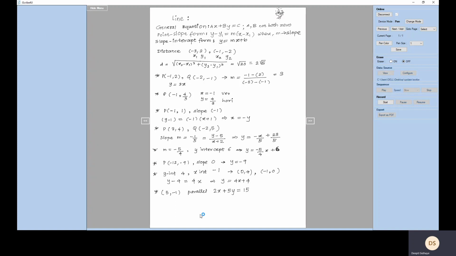So if you find the slope of this particular line, which is given as minus 2 upon 5, you will be able to write the equation as y is equal to minus 2 upon 5 x plus 1.